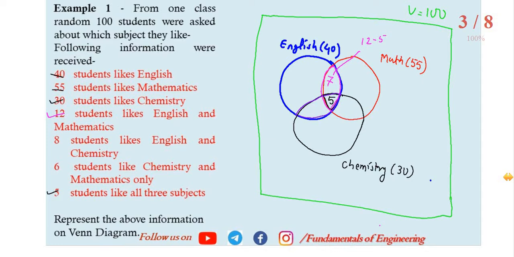Already 5 students are there who like all 3. So for English and chemistry, we get 8 minus 5, that is 3 students. That information we have written. Now 6 students like chemistry and mathematics only. Only means we need to consider just this area.